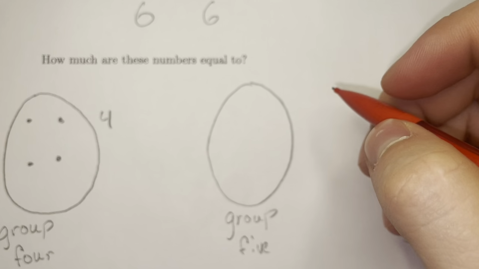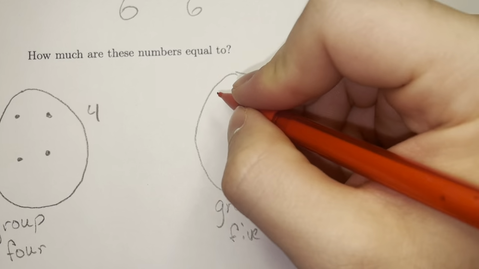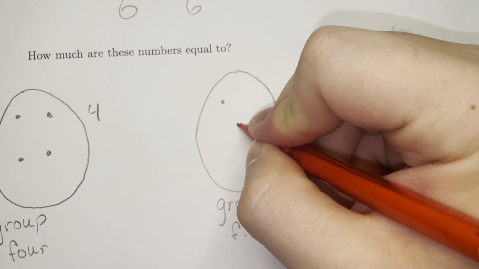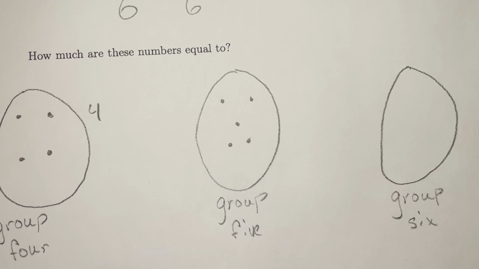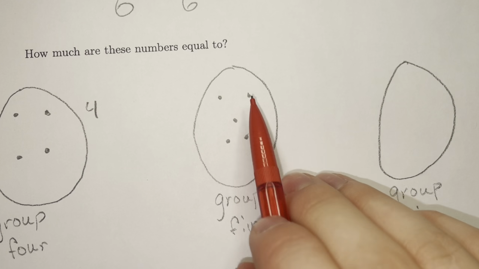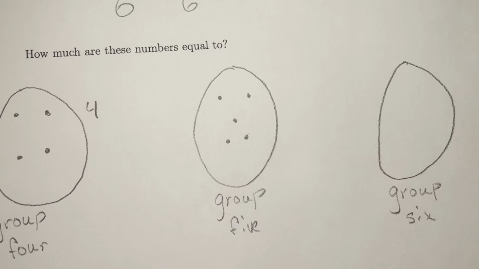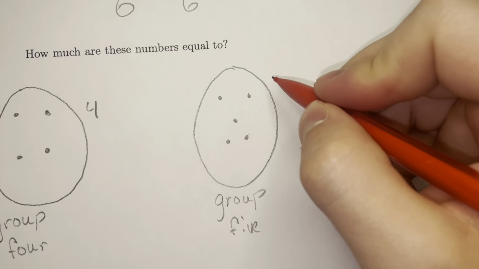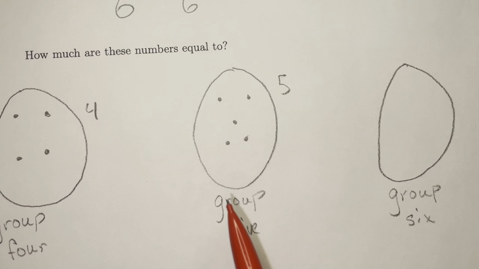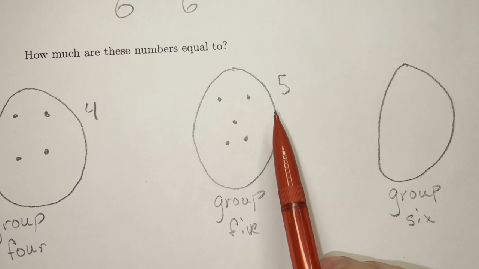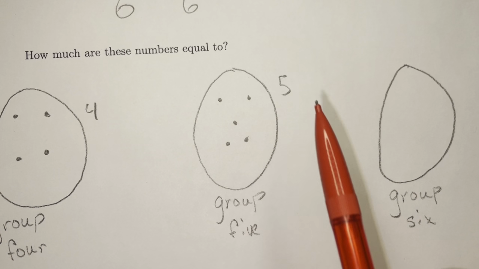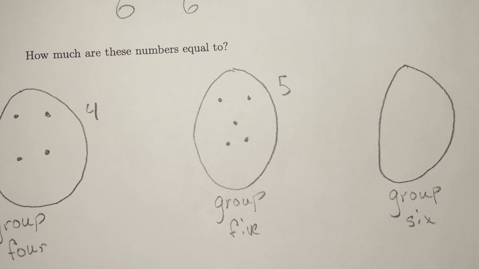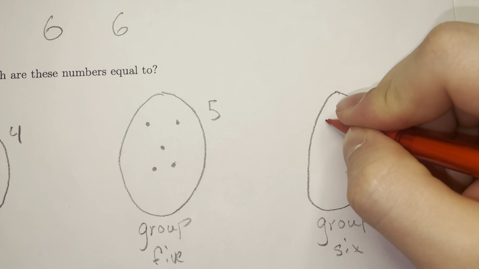Now let's go ahead and talk about group 5. In this group, we have 2 pairs and then a single. And again, you can think of this as having 5 pencils, 5 teachers, 5 markers, 5 erasers, and then lastly 6.